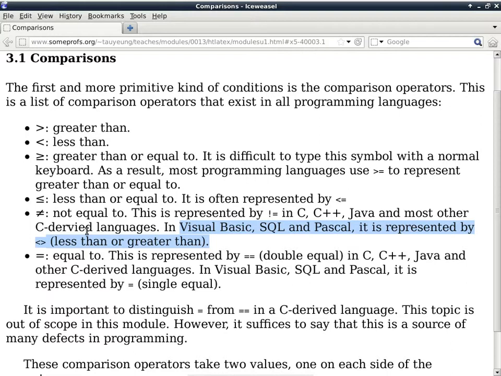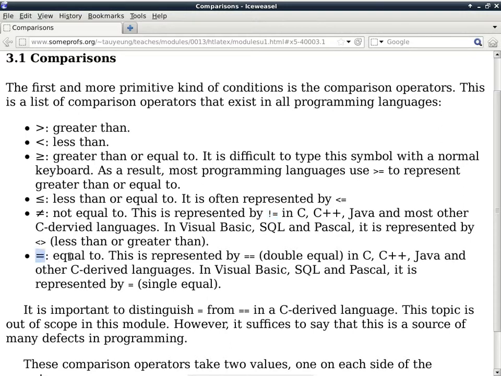So that's why in many other programming languages, not equal to is represented by less than greater than. Now I can also explain why in C it is exclamation point equal to, because in C and C++ and also in Java, a single exclamation point means not, the negation of. So the negation of equal to means not equal to. That's why it is using this particular representation in C and C++.